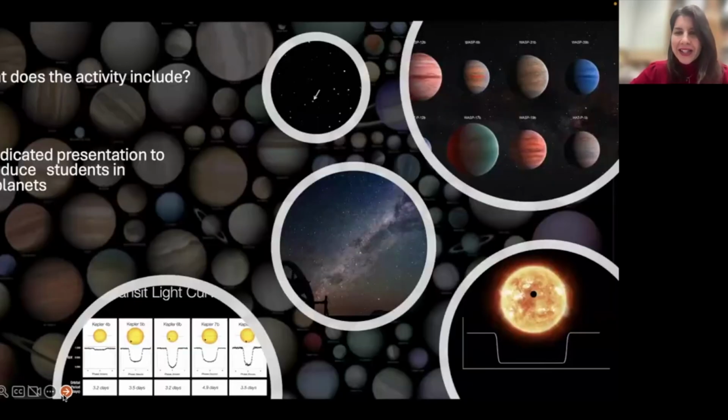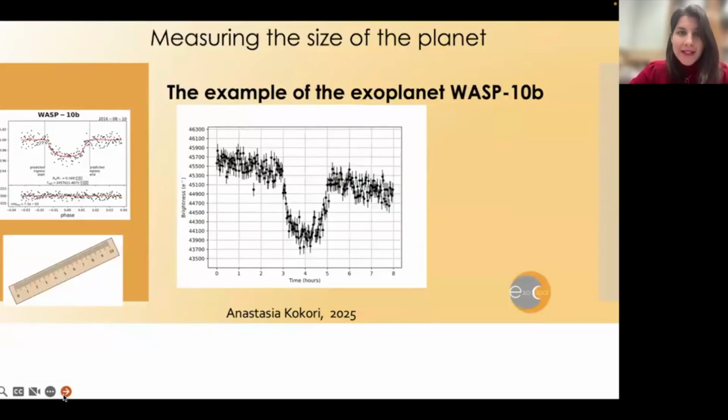And actually, the activity includes a dedicated presentation for you to introduce students to exoplanets, and all the tools that you need to run this activity. So you will find this spreadsheet with a light curve, which is printable, and a ruler.